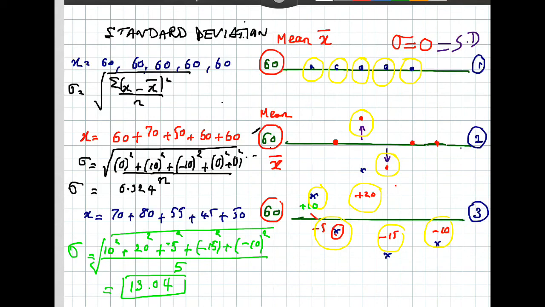Now there is another formula that we can use for the standard deviation, which is equivalent to this, or can be shown to be equal to this.